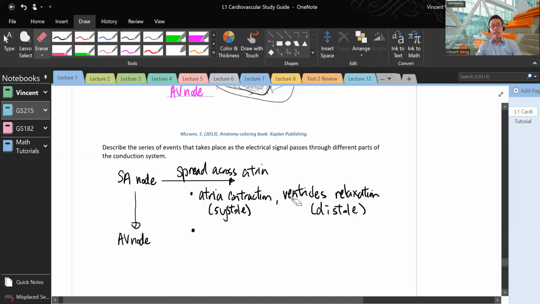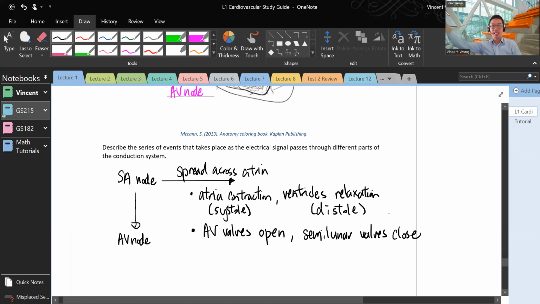Okay. In order for the blood to go from the atria to the ventricles, by the way, both sides squeeze at the same time, right? And in order for the blood to go from the atria to the ventricle, the AV valves must open while the semilunar valves close. Okay?